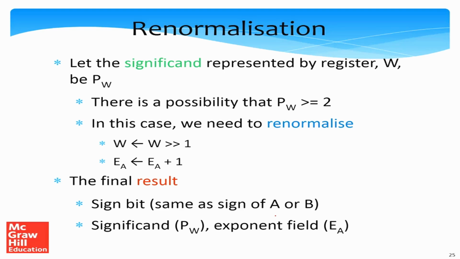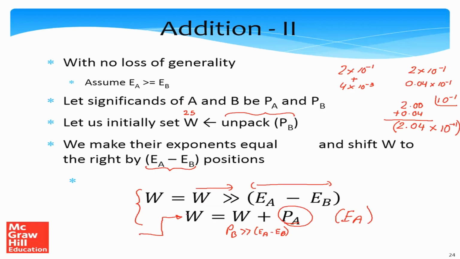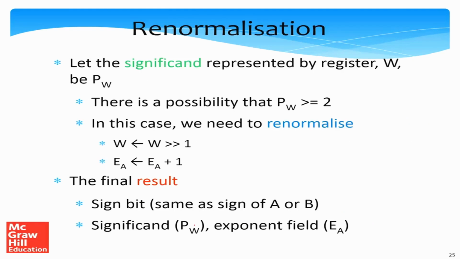Now register W contains the result of the addition. So let the significand represented by register W be PW. This will be of the form something point something, where the position of the point is implicit or can be inferred.